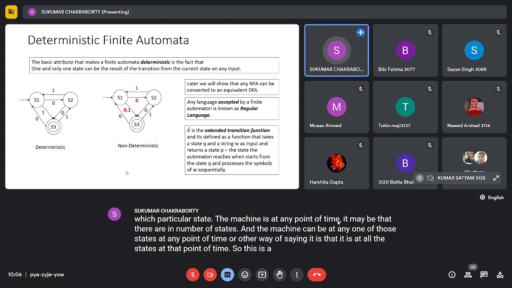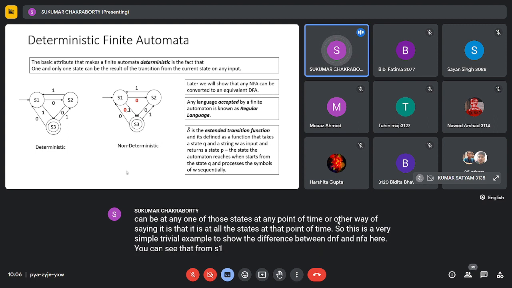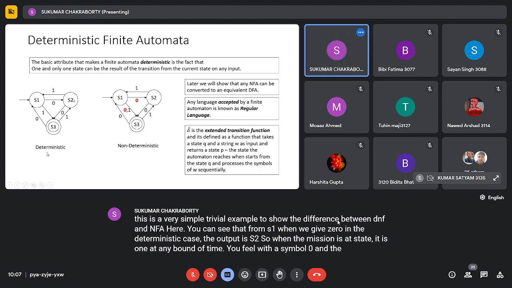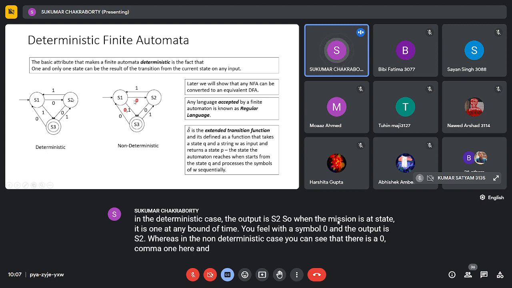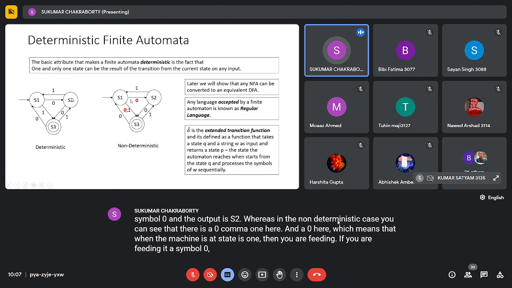So this is a very simple trivial example to show the difference between DFA and NFA. Here you can see that from S1, when we give 0 in the deterministic case, the output is S2. In the non-deterministic case, there is a 0,1 here and a 0 here, which means that when the machine is at state S1 and you feed it the symbol 0, then it can go either to S2 or to S3.